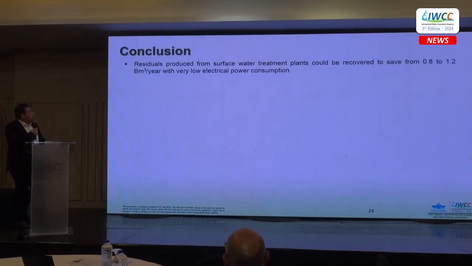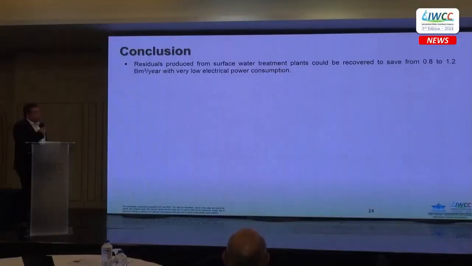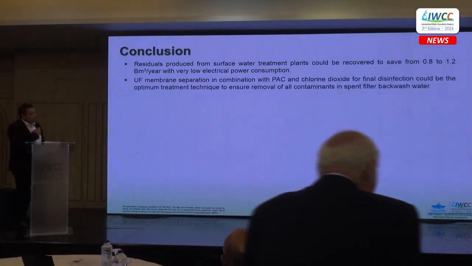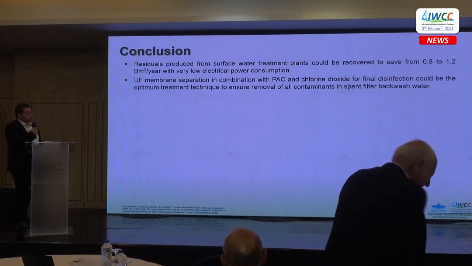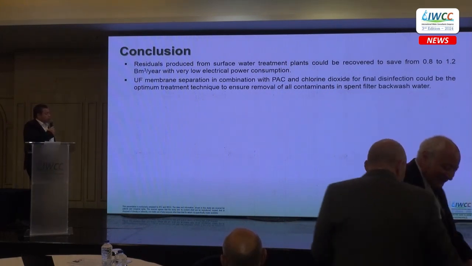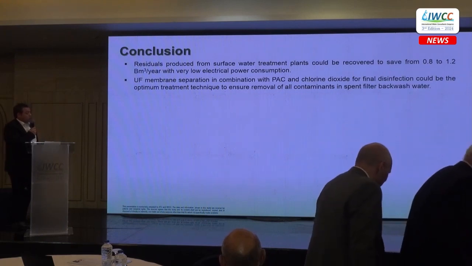Conclusion. Residuals produced from surface water plants could be recovered to save from 0.2 to 1.2 billion cubic meters per year with very low electric power consumption. Ultrafiltration membrane separation in combination with powder activated carbon and chlorine dioxide for final disinfection could be the optimum treatment technique.